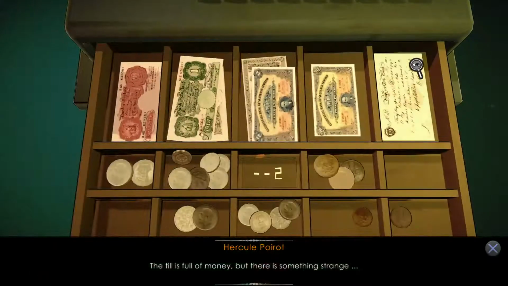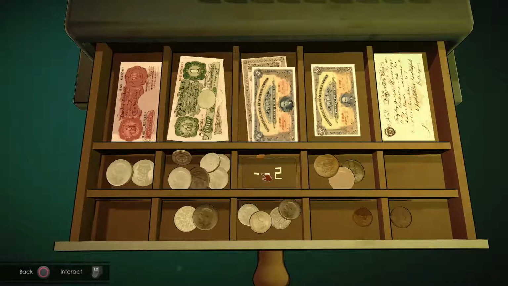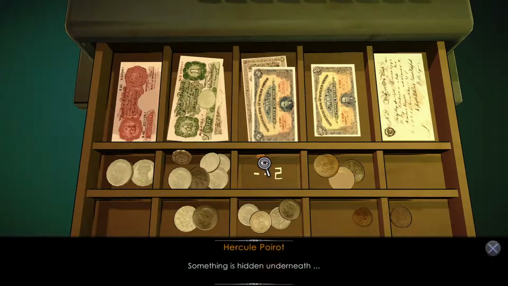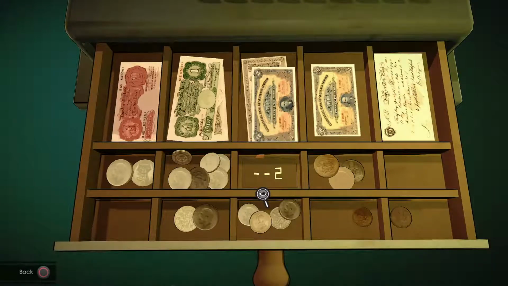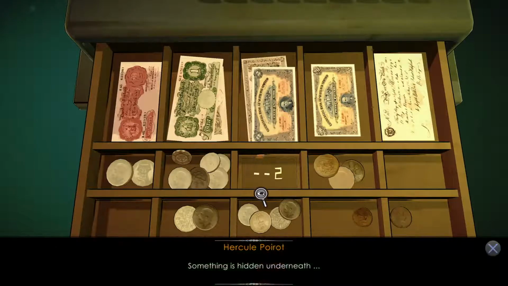The till is full of money, but there is something strange. Something is hidden underneath.